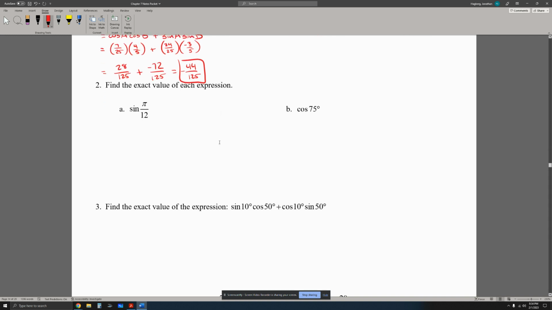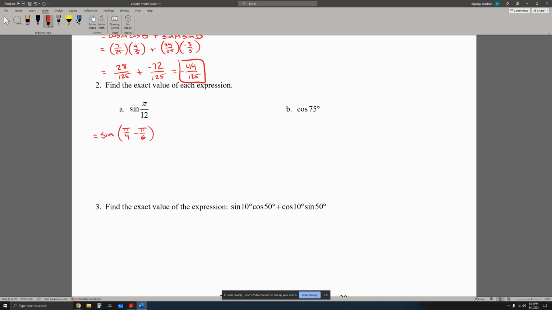All right. Number 2, find the exact value. This is pi over 12, so I know that this is the difference of pi over 4, or 3 pi over 12, and pi over 6, 2 pi over 12. Okay. So let's go ahead and set up our formula.